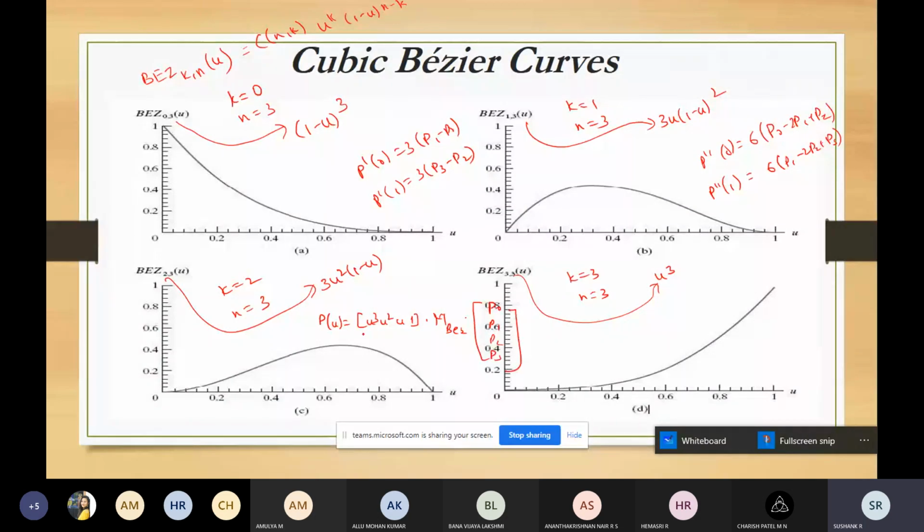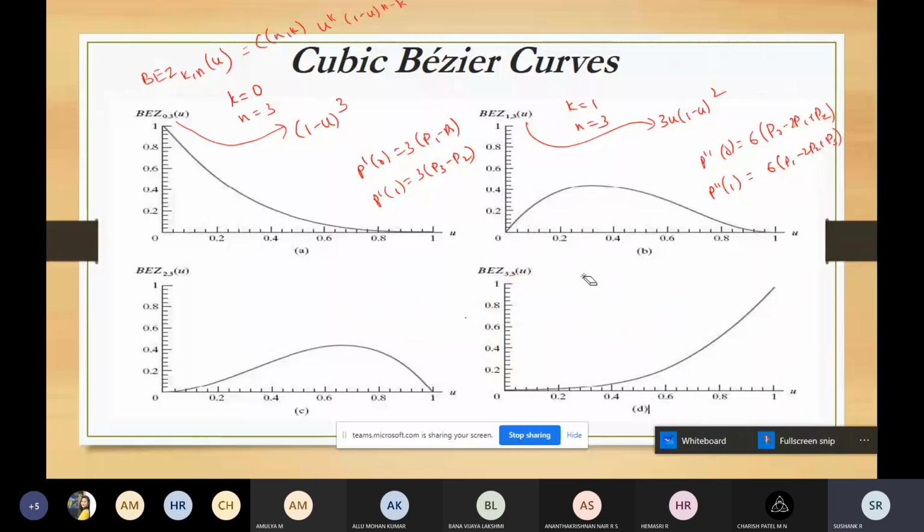The matrix representation is p of u is equal to u cube, u square, u, 1, into the Bezier matrix, into the control points p naught, p1, p2, p3.